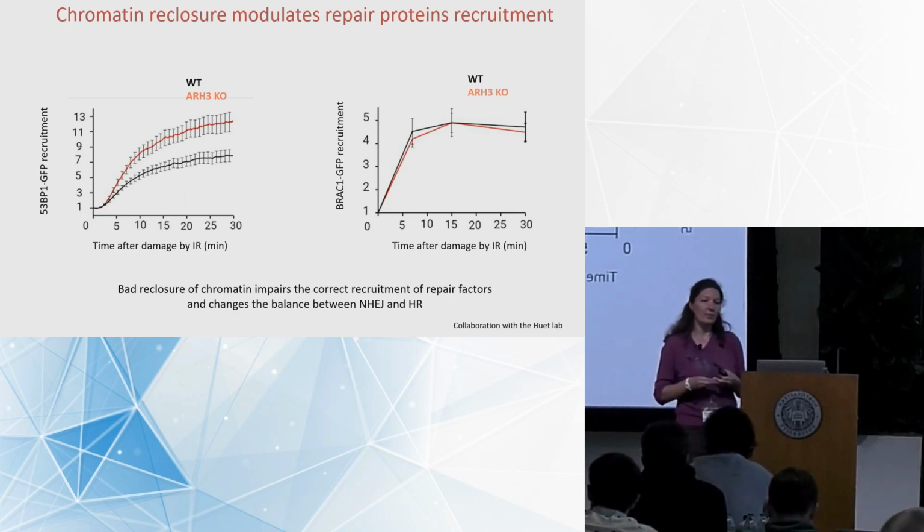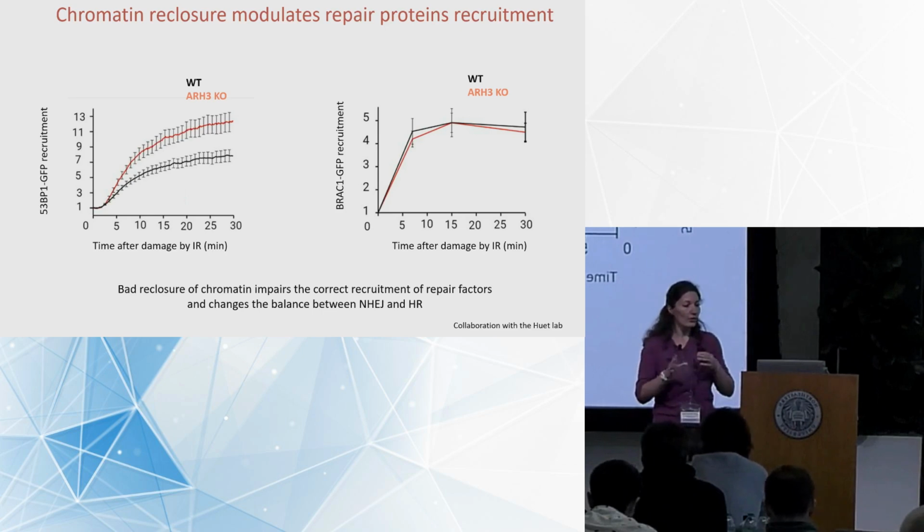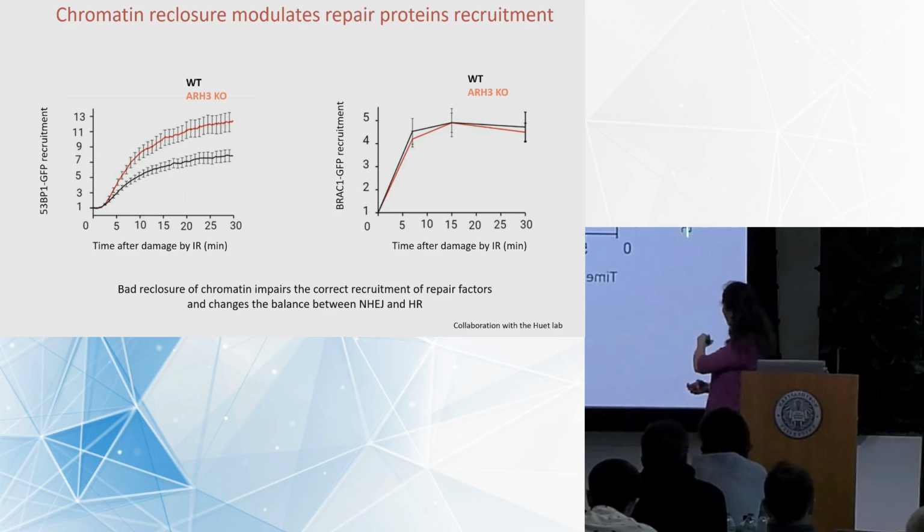And we think that when there is no chromatin reclosure, as we see due to the demethylation, it will change the kinetics of repair protein recruitment. What we show is that here we look at 53BP1 recruitment in live cells, in this mutant that does not do the demethylation.